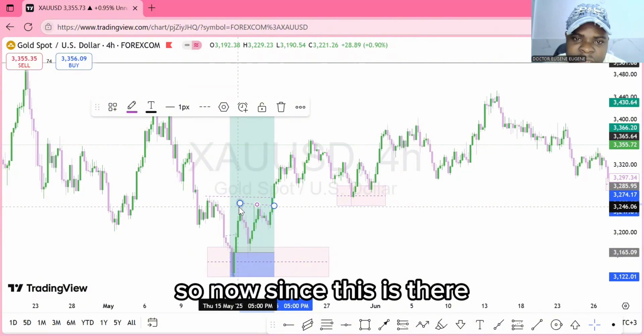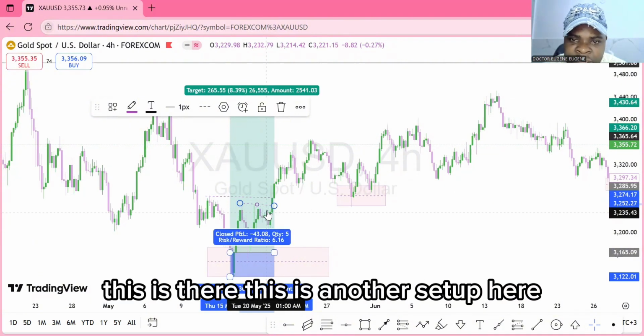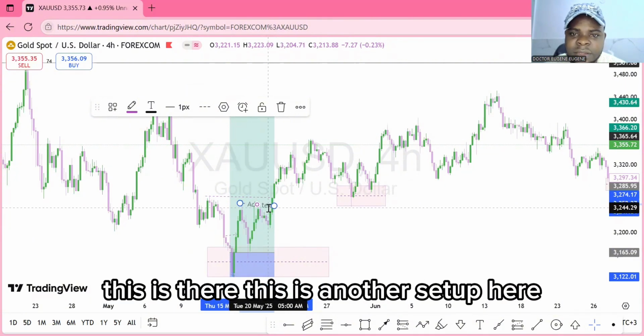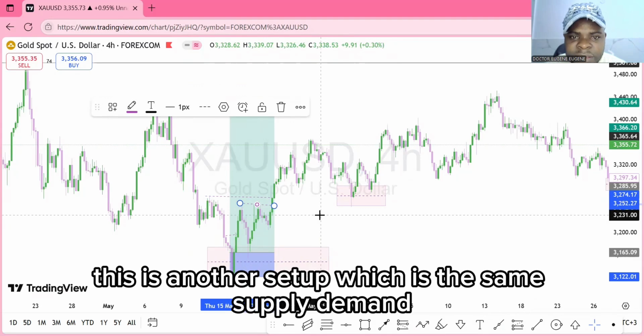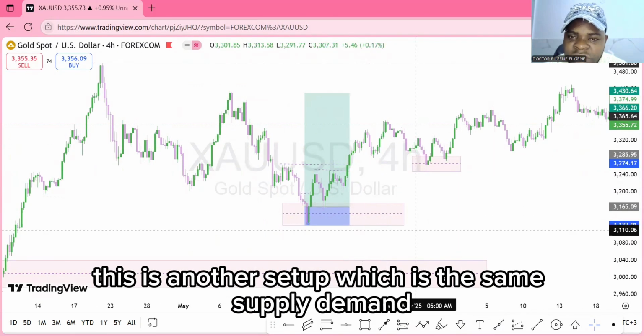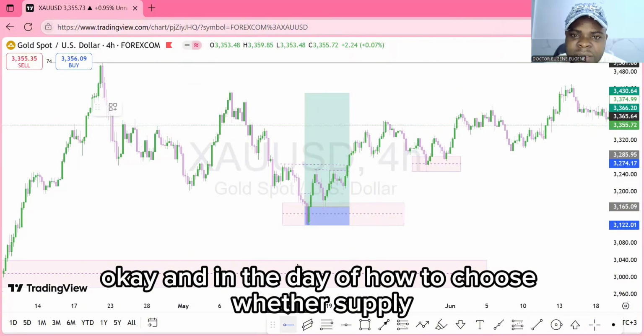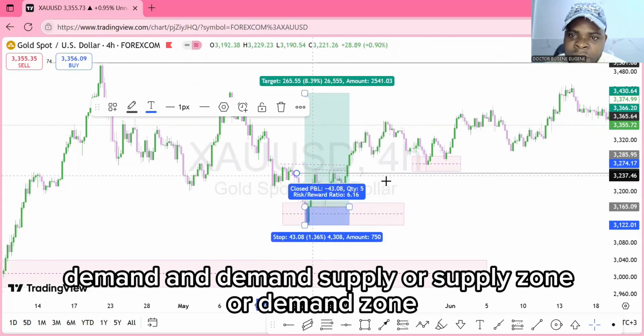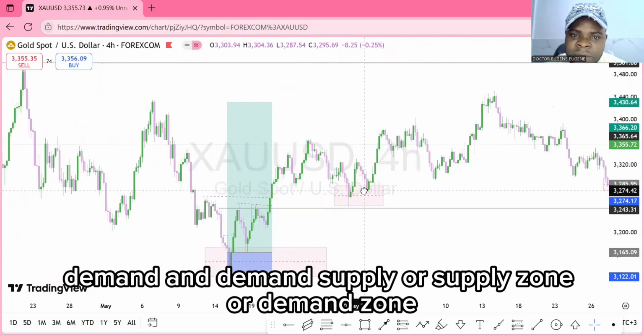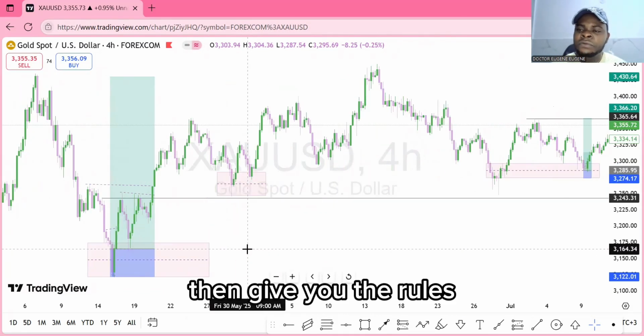So now, since this is there, this is another setup here. Okay, this is another setup, which is the same supply demand. And in the day of how to choose whether supply demand or demand supply, or supply zone or demand zone, we then give you the rules.